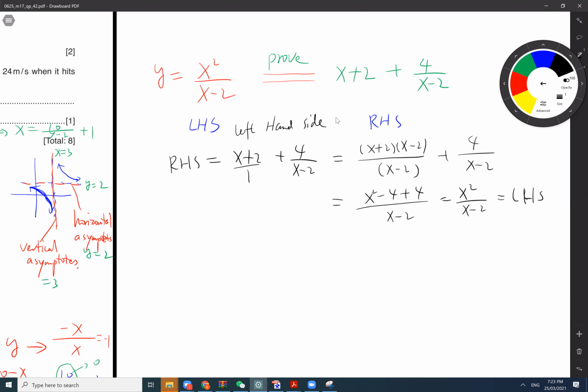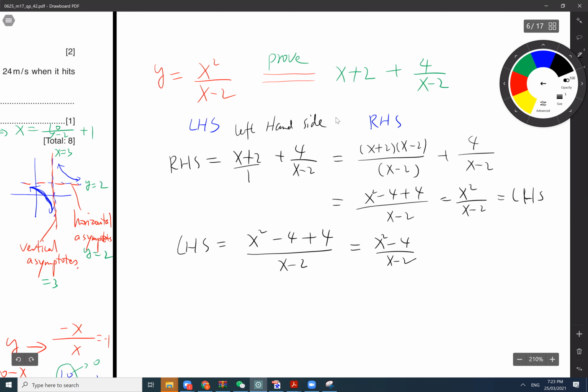If you really start from the left-hand side, we need to make something up. Why do we minus 4? You can think about it.